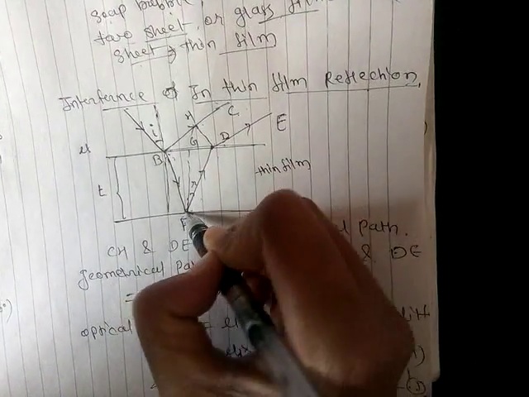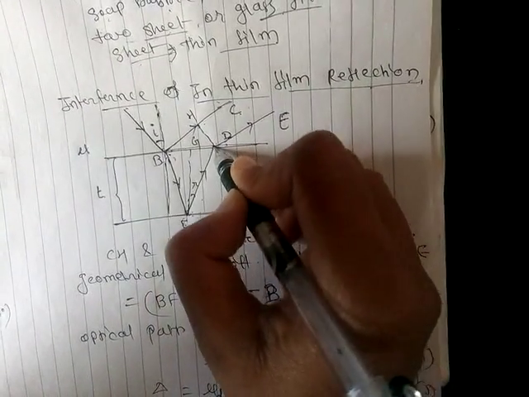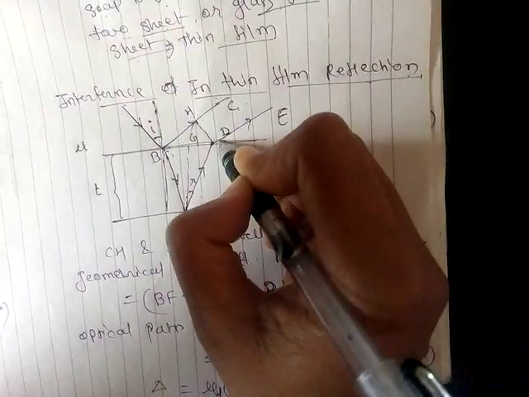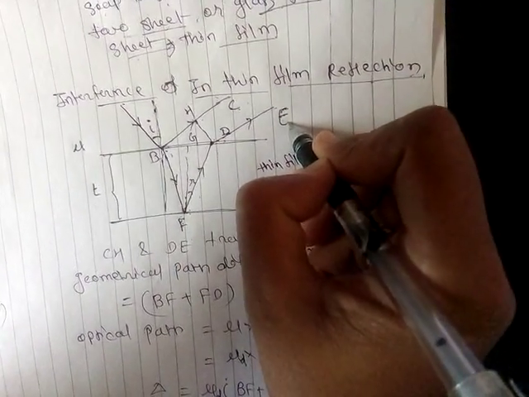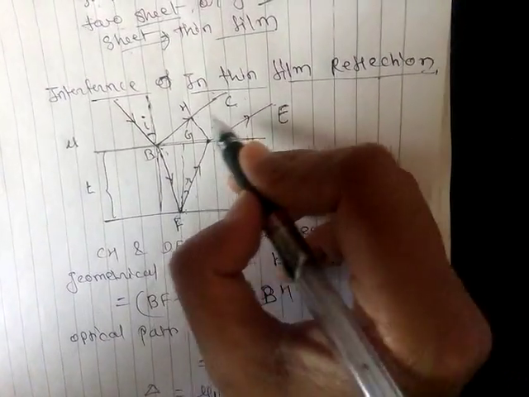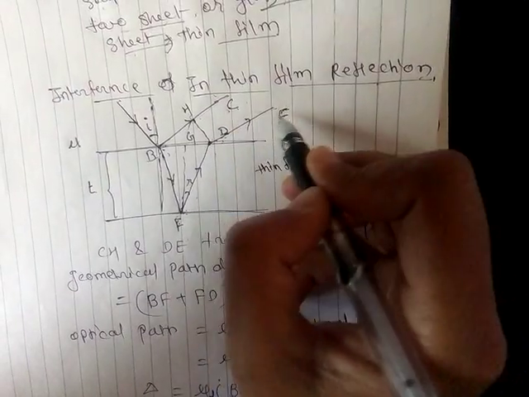Again incident at point F, it gets reflected internally along FD, and after that it comes out along DE. This shows that CH and DE travel an equal path.